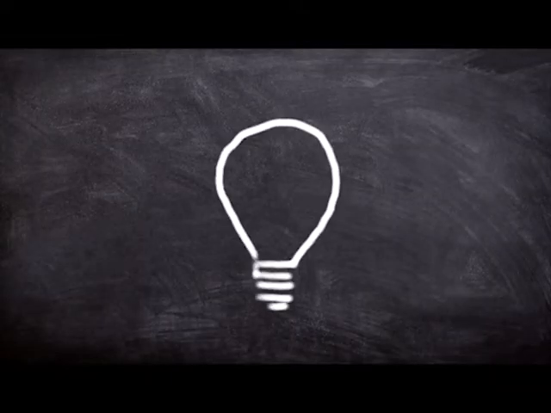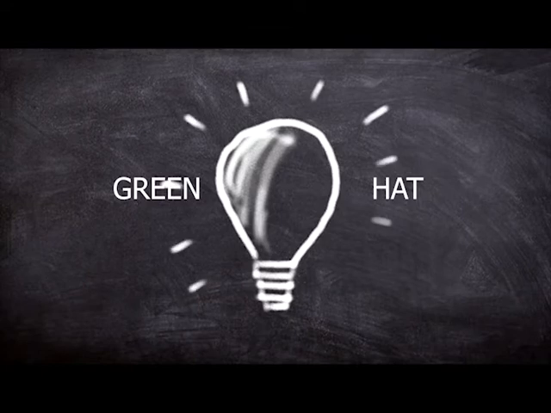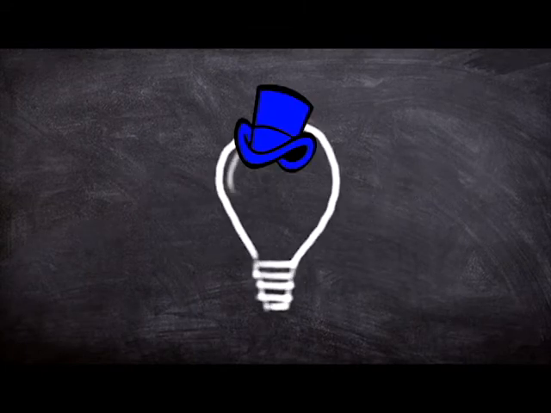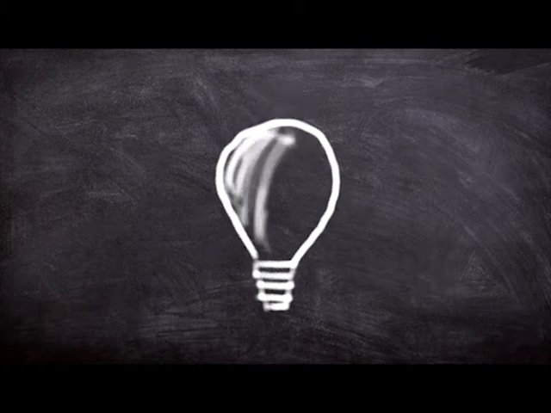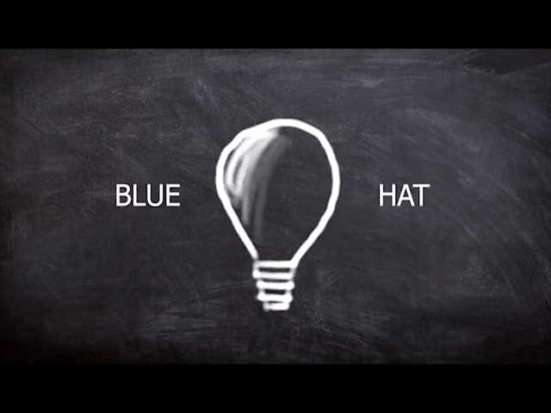If you decide on a particular topic, which direction are you going to take it? And the blue hat asks us to think about our thinking. Are we applying all the different systems of thinking that we need for the task?